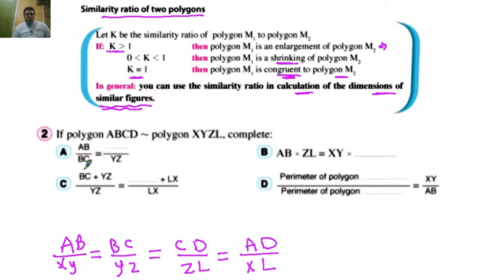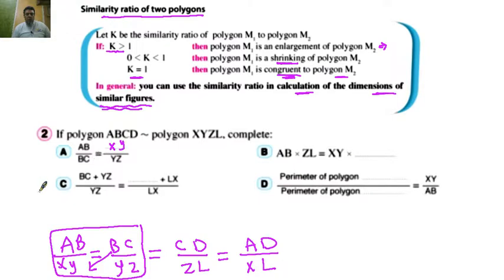Then use AB over BC. We replace BC with XY, then AB over BC equals XY over YZ.